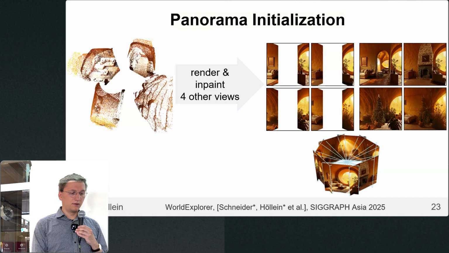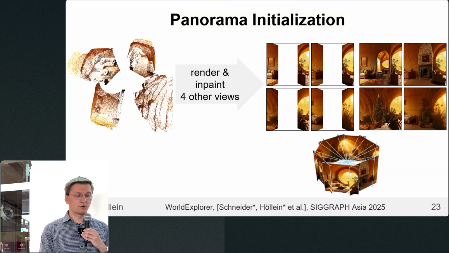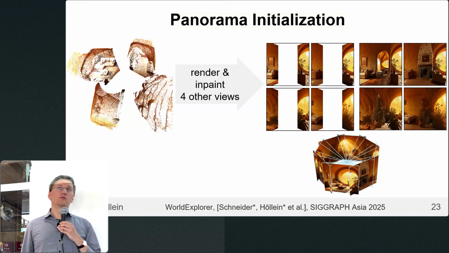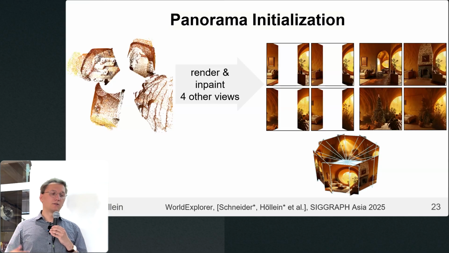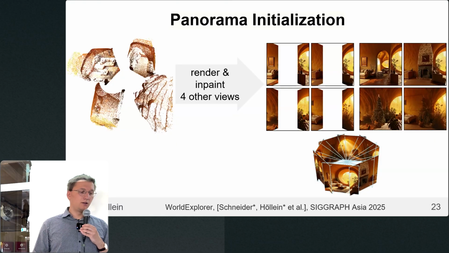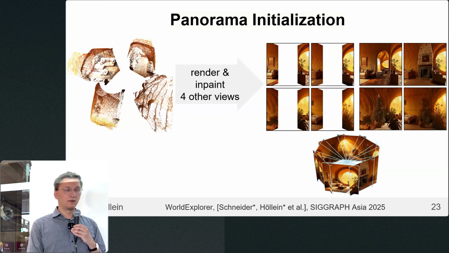So you can see in the middle top the renderings of the point clouds from these 4 perspectives. And then we again leverage 2D models to inpaint the missing white regions around them. And finally, we obtain this panorama that is now showing how the scene should look like from the scene origin.